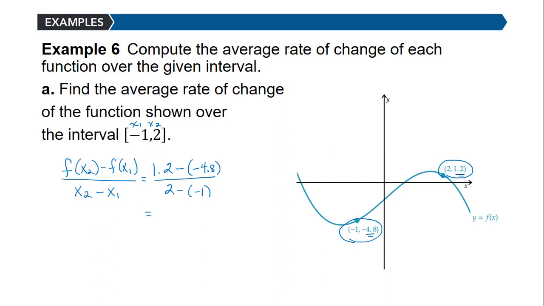So this becomes 1.2 plus 4.8, or 6, divided by 2 plus 1, or 3, which is 2. So on average, this function changes 2 units for every 1 unit change in x on that interval.